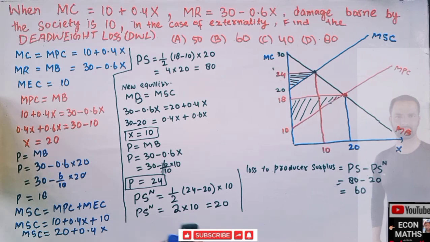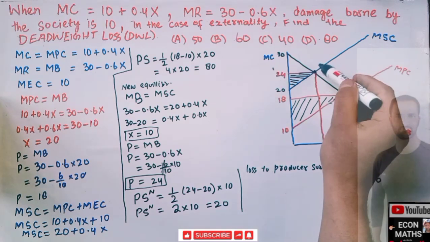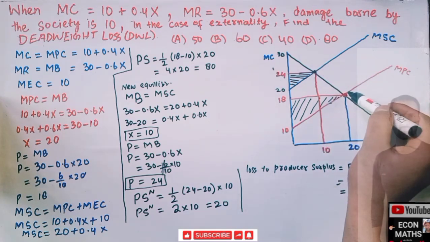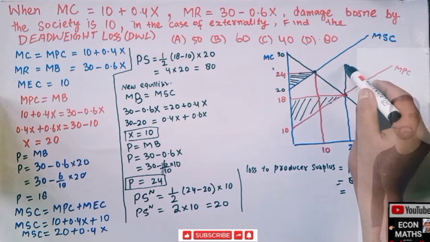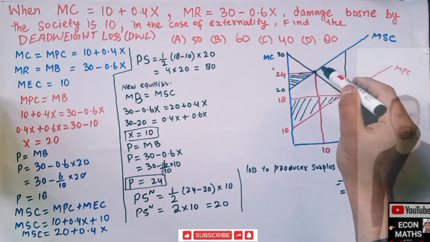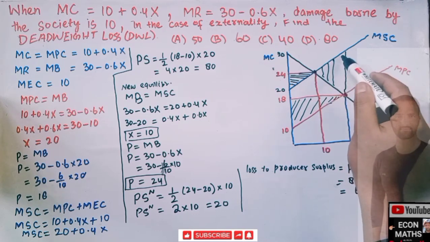Now what will be the deadweight loss to the society? Ordinarily we were here, and then our deadweight loss will be the area of this triangle, because we are not producing at the market efficiency point. So this triangle will give us the deadweight loss.